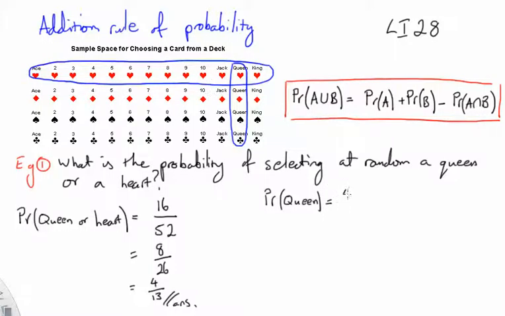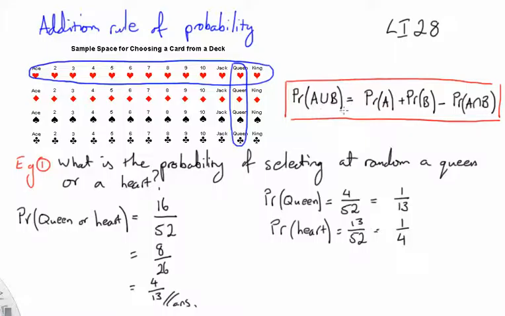So it's 4 on 52, which simplifies to 1 on 13. All right, great. What's the probability of drawing a heart? The probability of drawing a heart is, well, there are 13 hearts out of 52, and that simplifies to 1 on 4. Remember, this symbol here means or. So queen or heart, A or B, A union B.